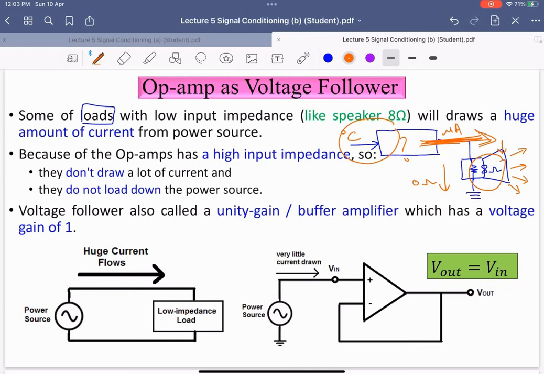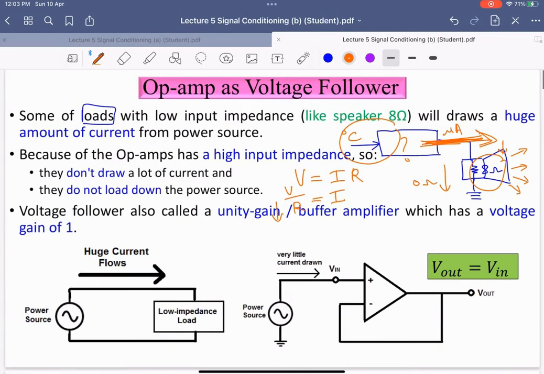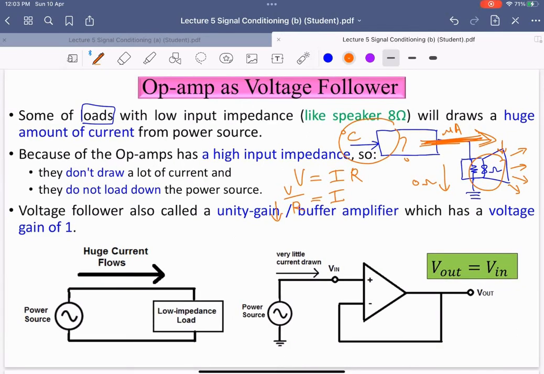Based on the formula V equals IR, so V over R equals I. When your resistance is too low, it will need a lot of current from the voltage source. So that's why we need the voltage follower.